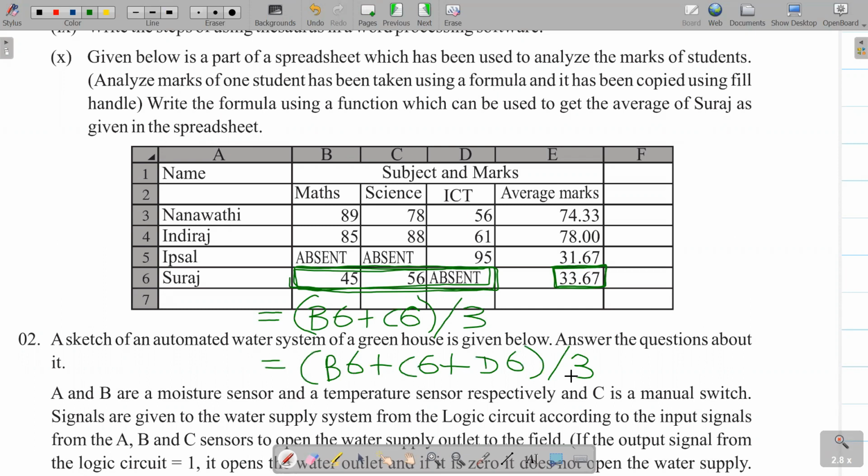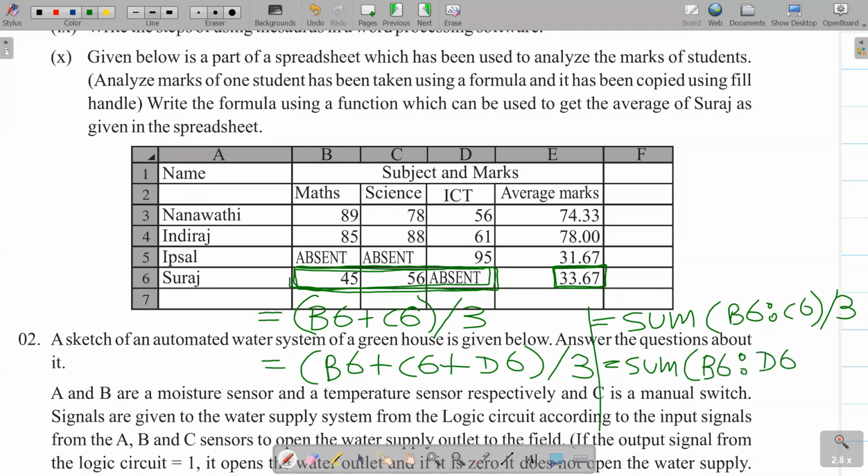You can write it using sum as well: equal sum B6 colon C6 divide by 3. Or you can say equal sum B6 colon D6 divide by 3. Any particular formation can be used. Right?